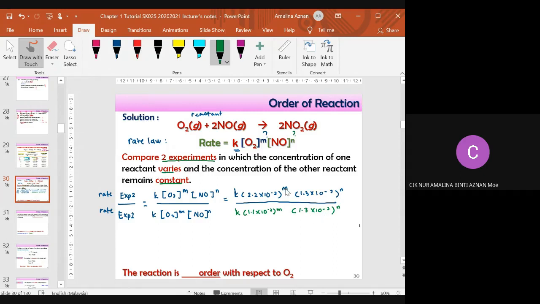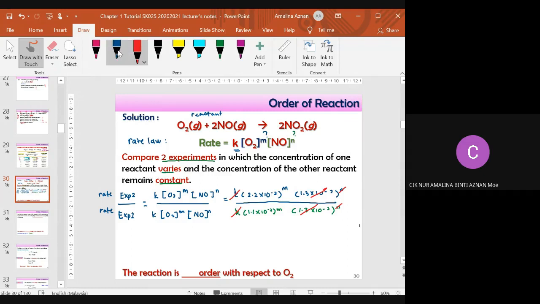So why? Sebab kita nak cancel it off. So rate constant boleh cancel sebab rate constant value-nya akan sama. Okay. So ini cancel. So what left here, kita nak cari dia punya value of unknown M dekat sini.